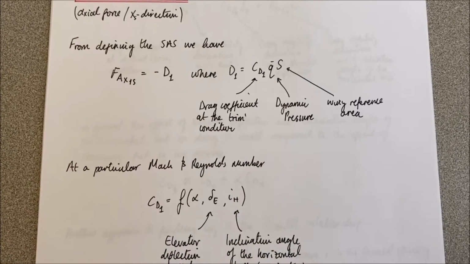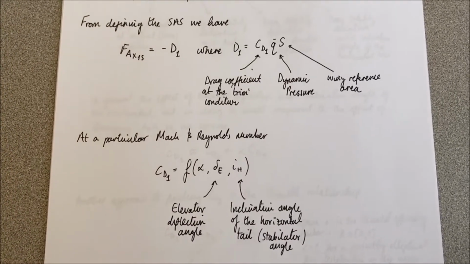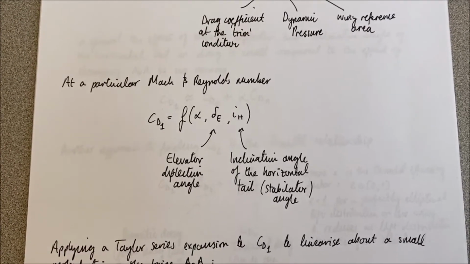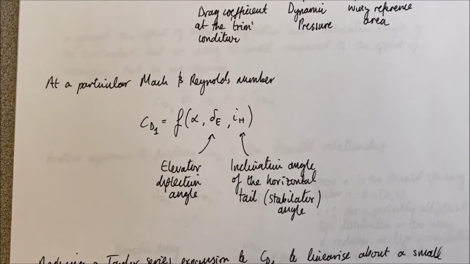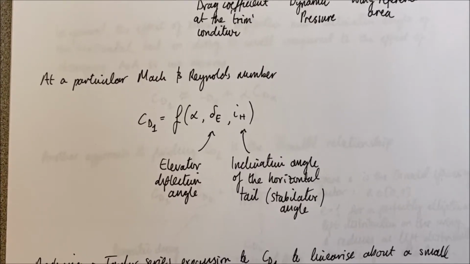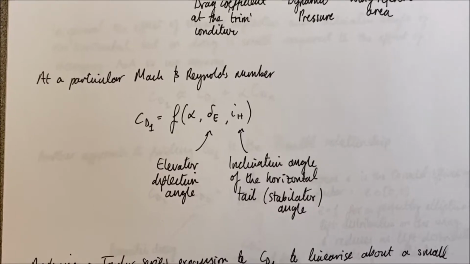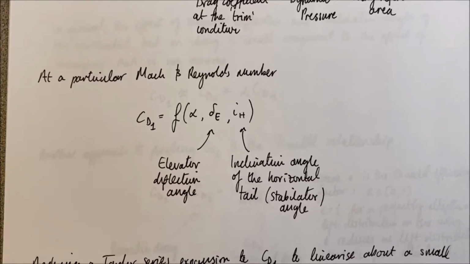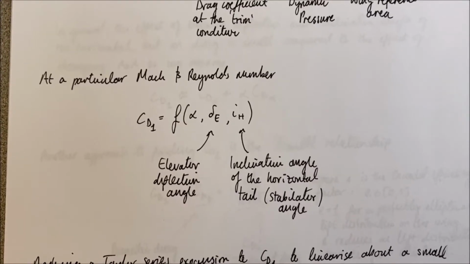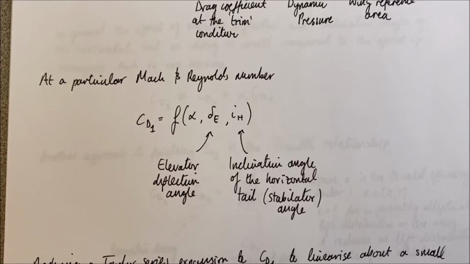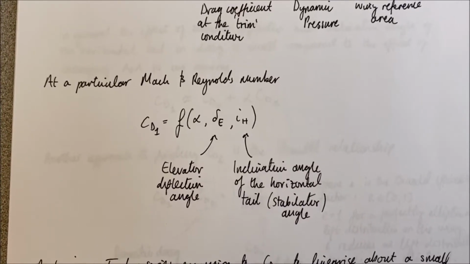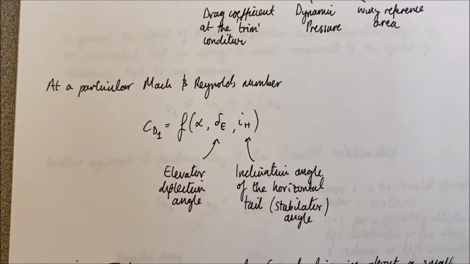At a particular flight condition, namely a Mach number and Reynolds number, the drag coefficient in the trim condition is a function of angle of attack, the elevator deflection angle, which we call delta subscript E, capital E for elevator, and the inclination angle of the horizontal tail, or if we have a fully moving horizontal tail, stabilator, this refers to that angle as well.